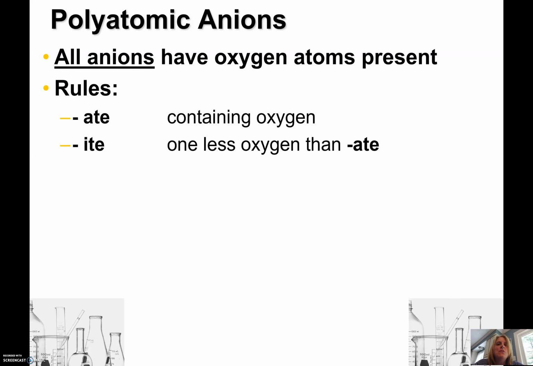The other thing you should have noticed is that all of the negatively charged ones have oxygen present. So when you're writing formulas for names, if it has a negative charge, if it's not ammonium, there's going to be some oxygen in it somewhere. And you'll notice that some of the endings are ate or ite: nitrate, nitrite, chlorate, chlorite. What that has to do with is how many oxygens are present.